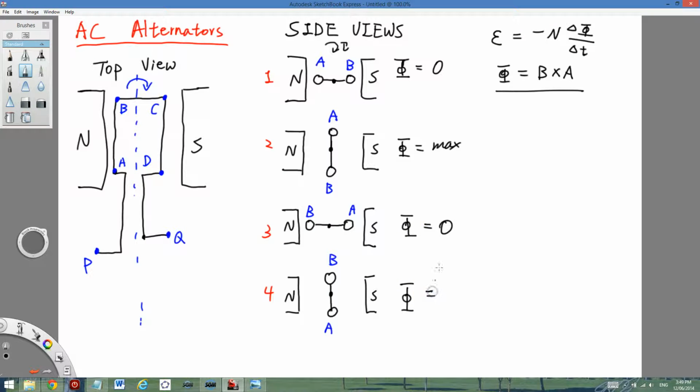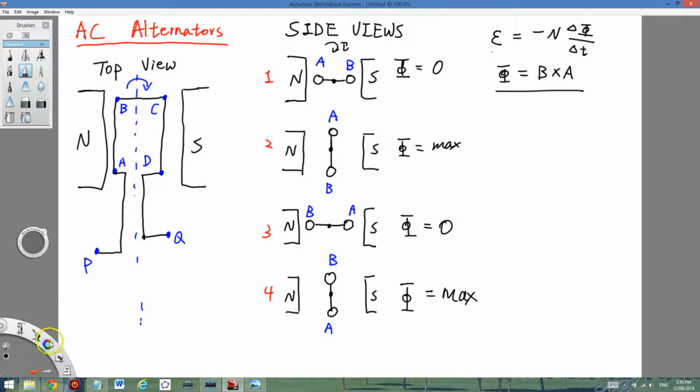The magnetic flux is maximum. So what we observe is the change in magnetic flux as we rotate the coil in a magnetic field. Since there's a change in magnetic flux over time, current can be produced. And if the rotation is at constant speed, we can produce AC current.